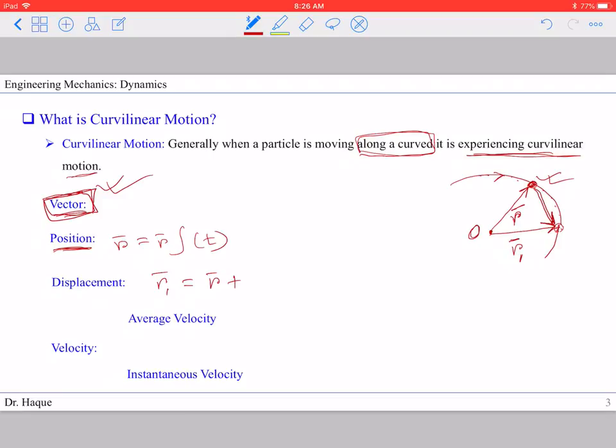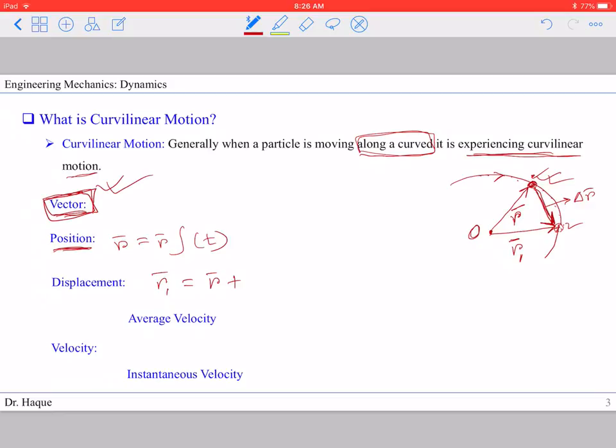We are assuming these two positions of the particle, here and here, are so close that we can assume the curved path is linear, and this is represented by delta vector R.